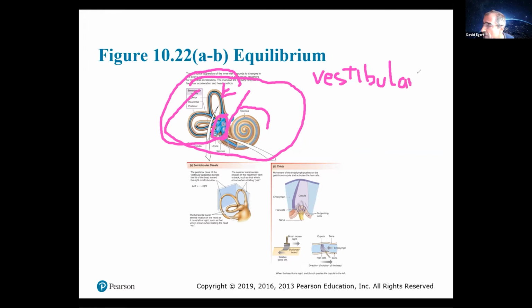So vestibular senses and equilibrium senses kind of mean the same thing. Those are the parts of the ear that are not about hearing. They're about your balance, direction of gravity, which direction your head is moving in space. Any questions about these aspects of the ear?